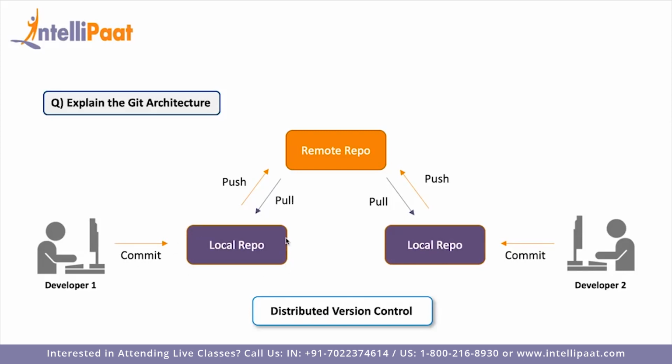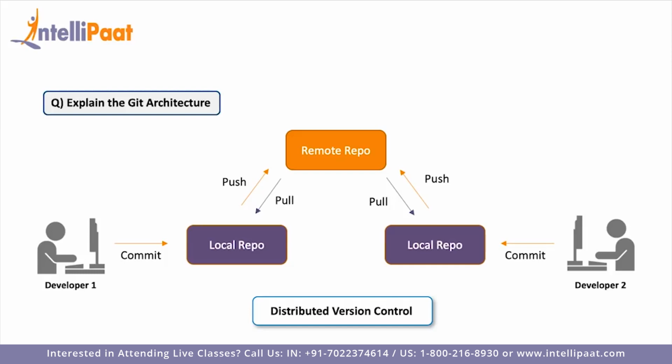Once the files have been committed, they will have to be pushed to the remote repository so that it becomes visible to anyone and everyone who will pull this project the next time. All right. And this is how the whole Git architecture works. Now, I hope you guys understand the working of Git and what exactly the architecture of Git is.